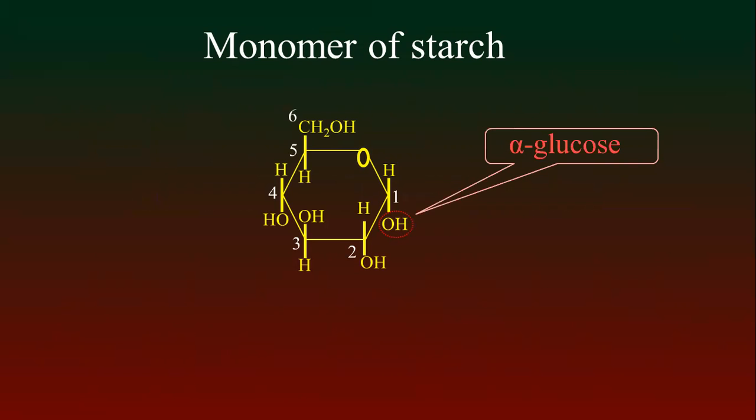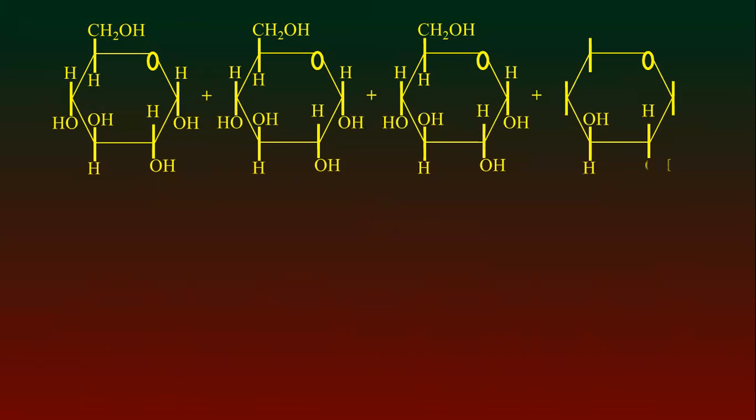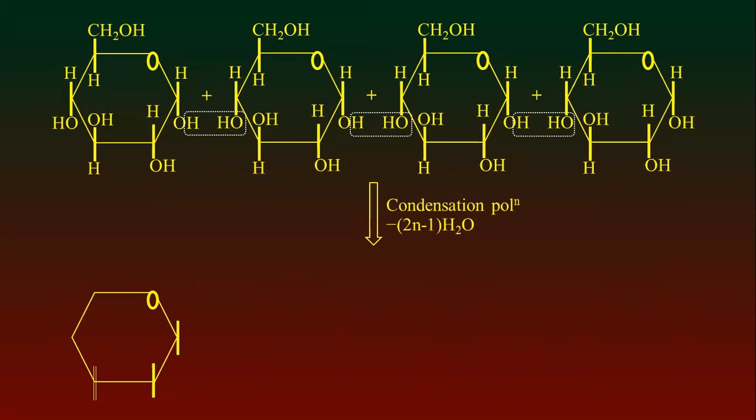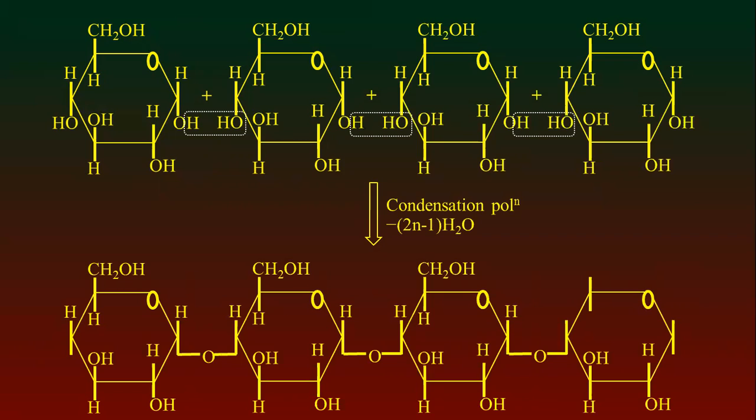For the formation of starch, in a similar way, alpha glucose units are written one by one, and then after the condensation reaction, by the elimination of water molecules, we get the following polymeric compound, which is known as starch.